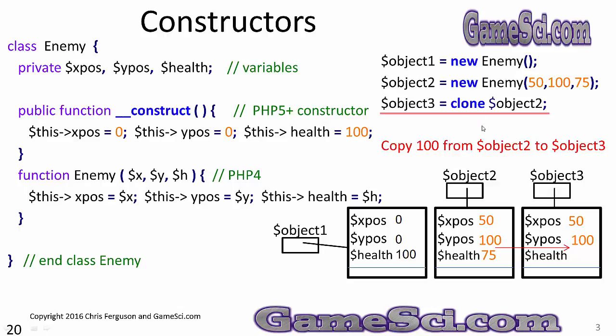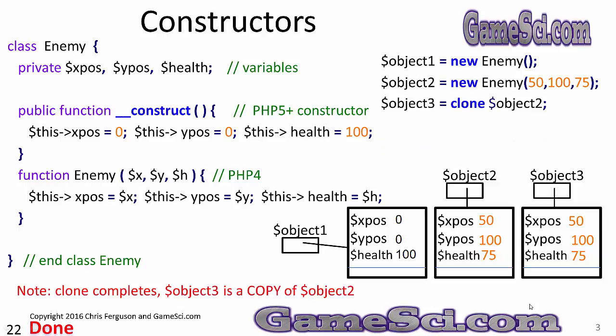The clone command is doing all of this. Finally, we're going to copy the 75 from object2 to object3. As the name implies, we're making a dead nut copy of object2. And of course, when the clone is done, the object3 reference will point to the new separate object. Object3 is a copy of object2.